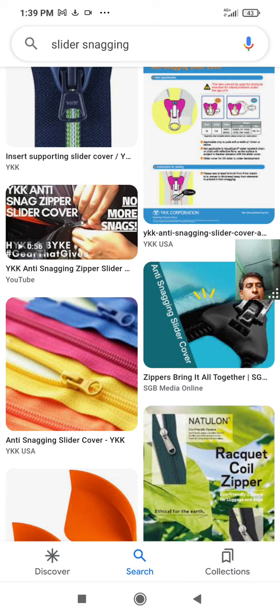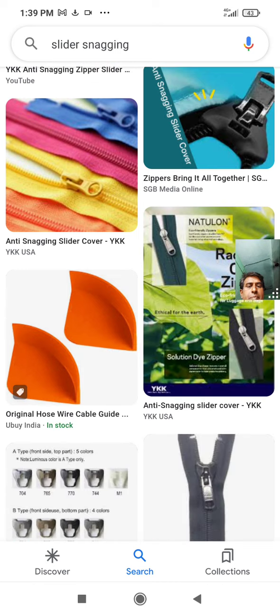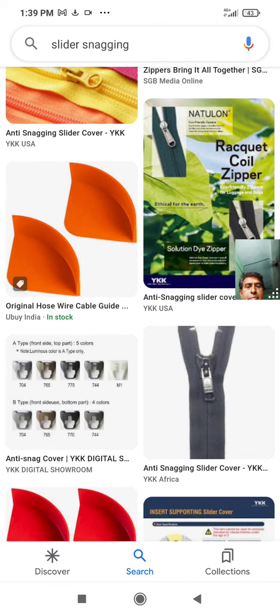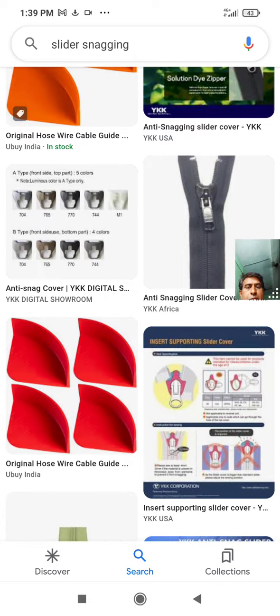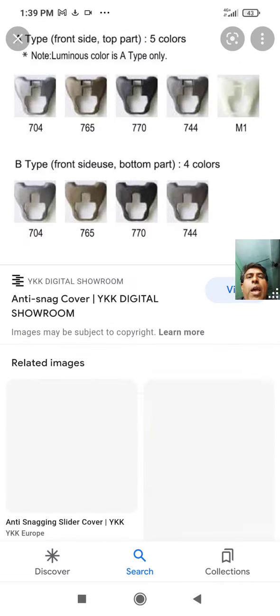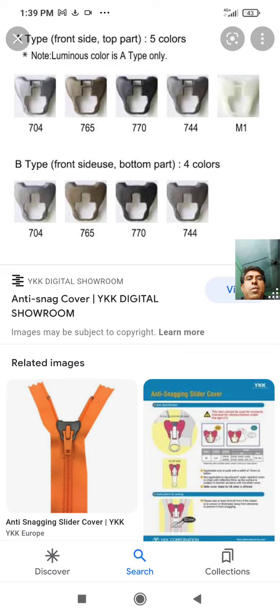It should be very clear. You see, anti-snag cover. There are so many numbers. So please understand this. A type and B type, front side, top part, bottom part, and all these things. So please understand that.